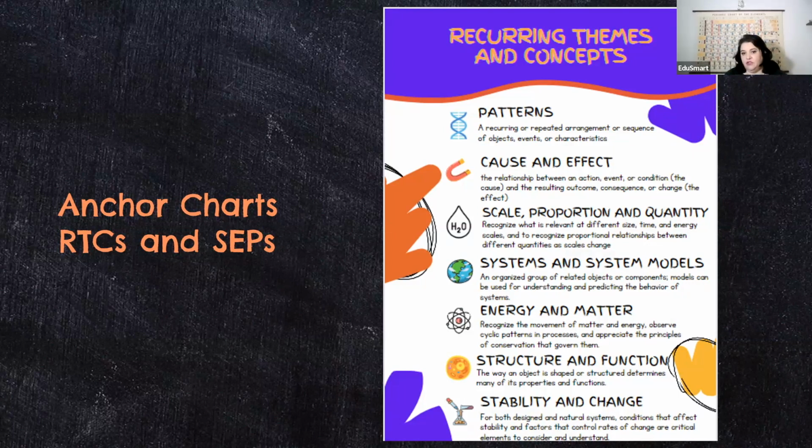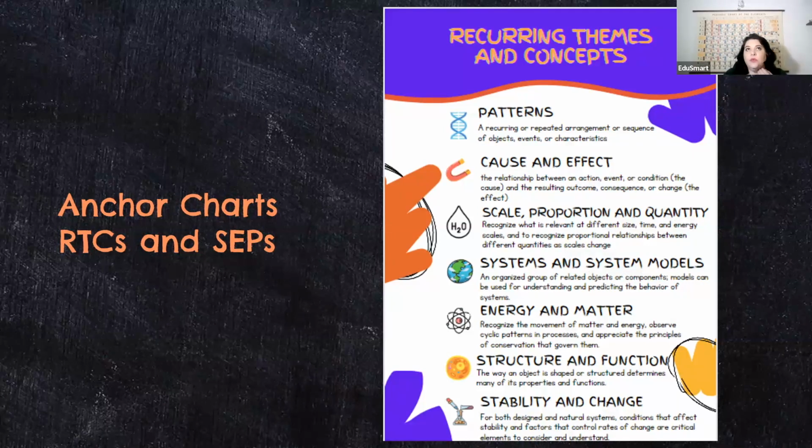All of these kind of relate to each other. So it's really a matter of you choosing which is going to be the most clear for the kids. These two, especially scale, proportion, and quantity, and systems and system models, can apply to almost anything.